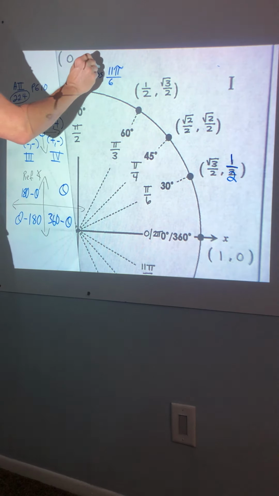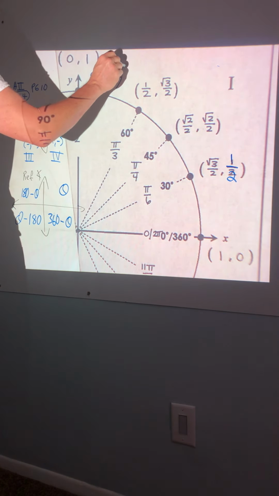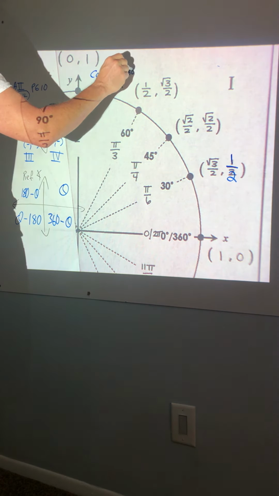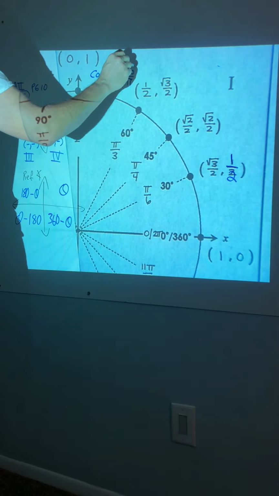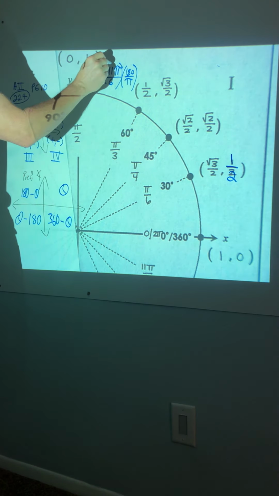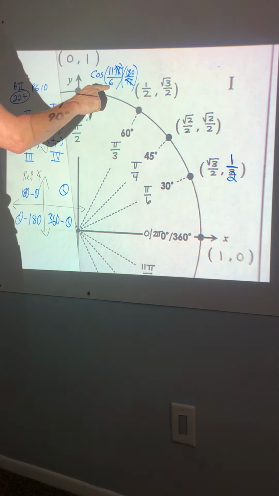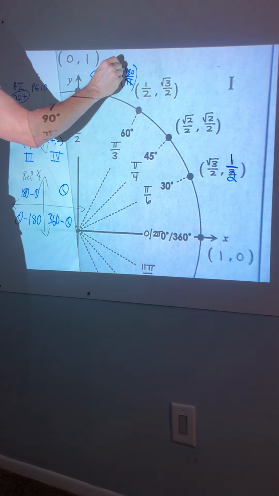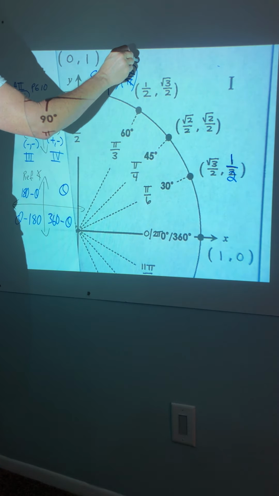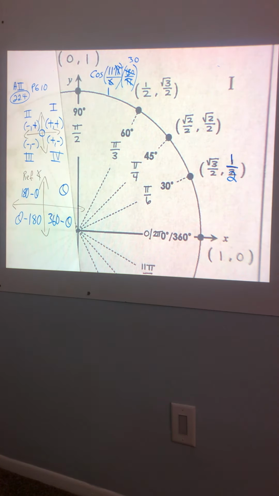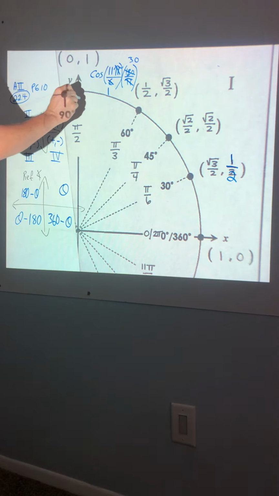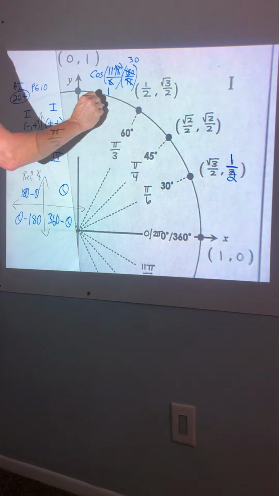So I don't know if you remember, but you're going to take this and multiply by 180 over pi. Drop the pi. 6 will go into itself once, into 180 30 times. And then 30 times 11 will be the cosine of 330.